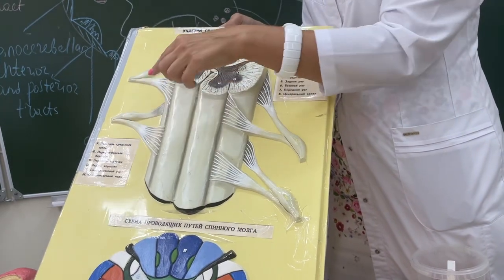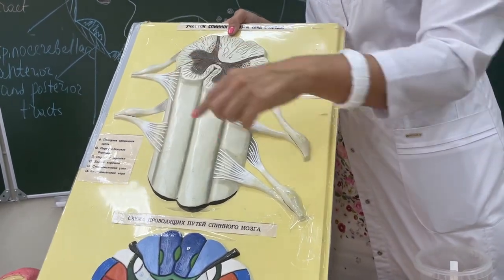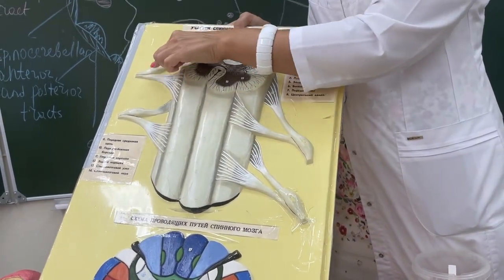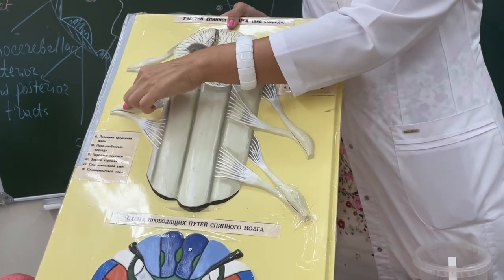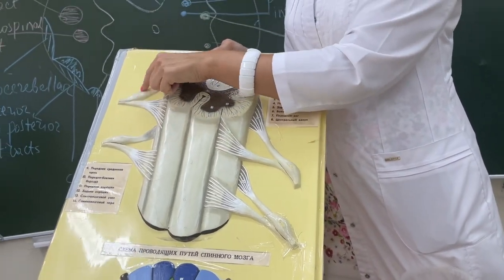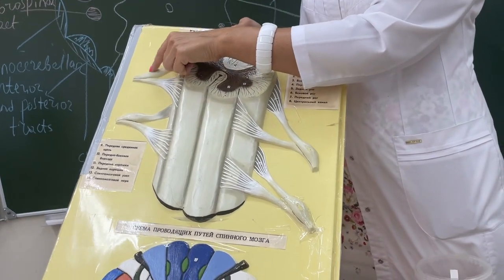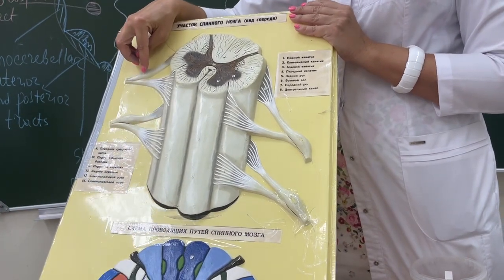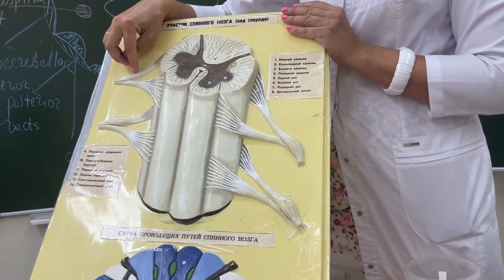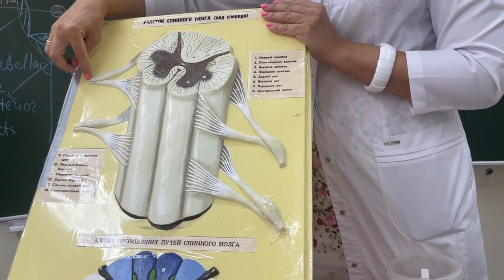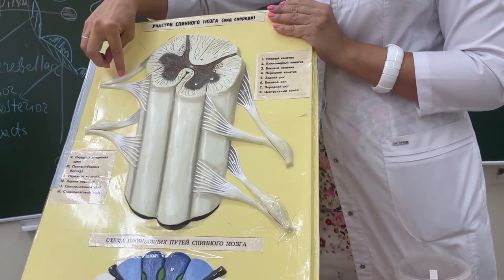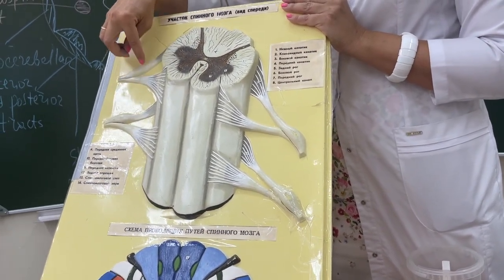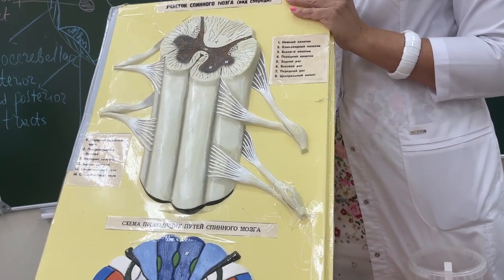You see, this enlargement is formed at the level of the posterior root. This enlargement is called the spinal ganglion. This ganglion, if it were dissected, is a place where the bodies of sensory neurons are located. Their dendrites go towards receptors, but the axons enter the spinal cord. This is the place where the first neuron of the reflex arch is formed.